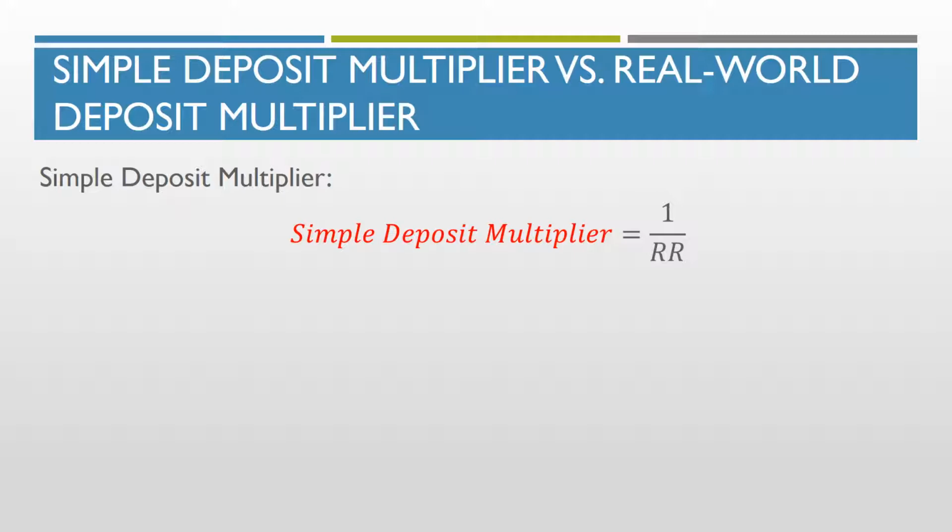We don't have to use 1 over 1 minus something, because 1 minus 90% is the 10%, which is the required reserve ratio. So we can write the formula for the simple deposit multiplier as 1 over the RR, the required reserve ratio of the bank.